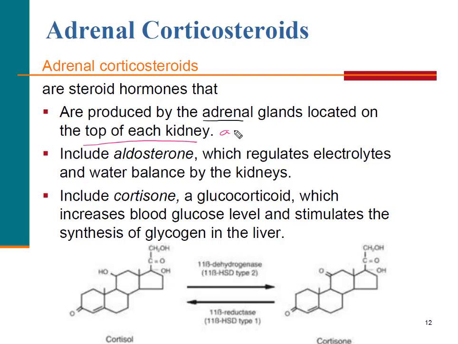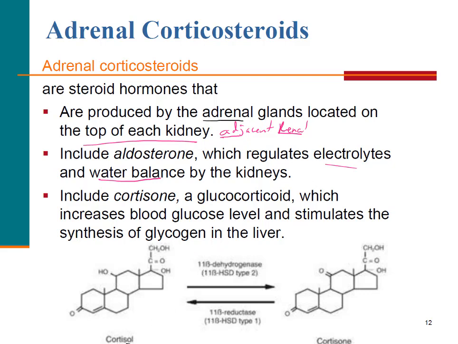So they're adjacent to the kidneys, and the kidneys perform renal functions, so they're adjacent to renal. That's where adrenal comes from. And these regulate a bunch of things, including electrolyte and fluid balance, and the inflammation response.